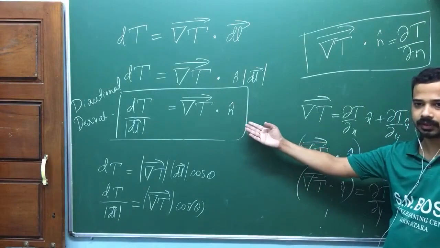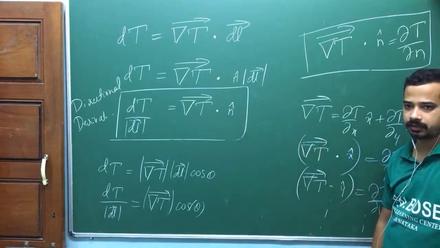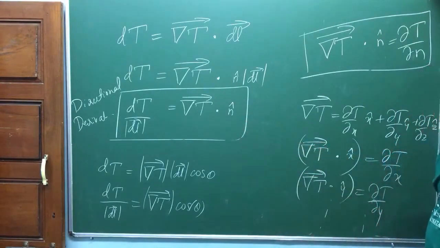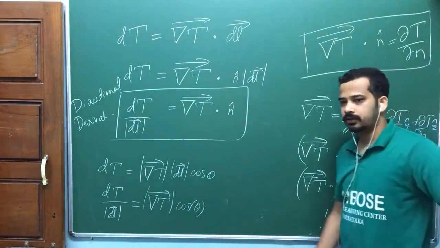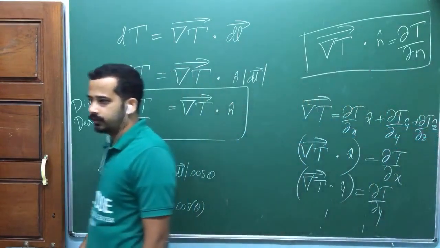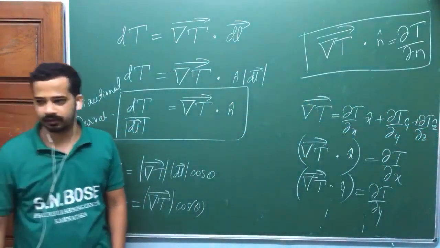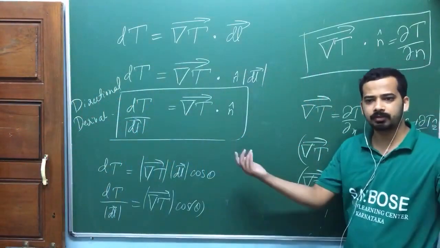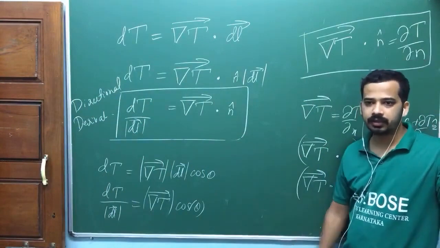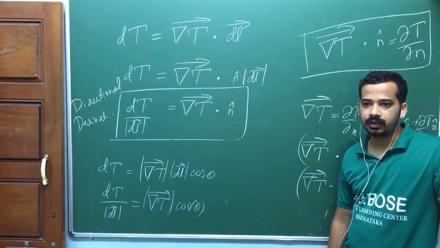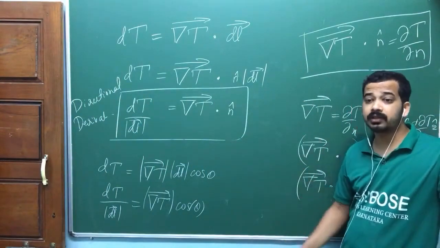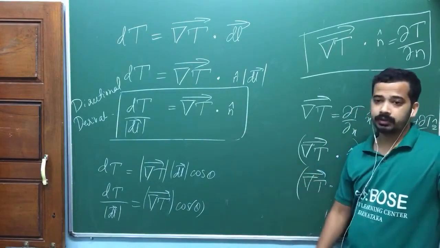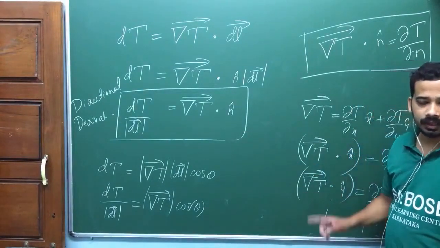The n cap is arbitrary here. If you move along the gradient direction, you will get the maximum change. But if you move in some other direction, you may not get the maximum rate of change. You may get some other rate of change, and what is the value of that rate of change? That is obtained by this directional derivative. And I need this one.